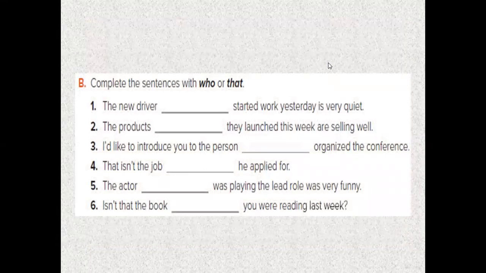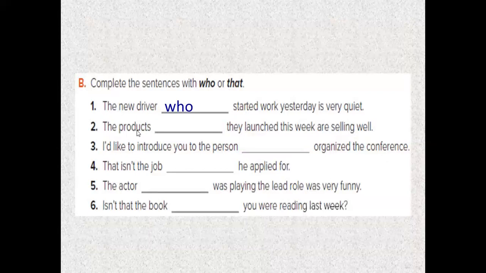Now, let's complete the sentences with who or that or which. The new driver who started work yesterday is very quiet. Here the subject is a person, so I'll use who. The products that they launched this week are selling well.